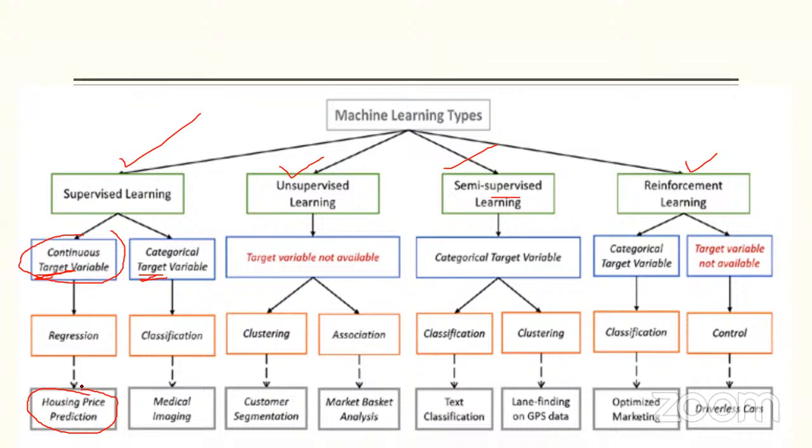You will predict on the basis of, let's say, the location, the nearest hospital, nearest school, etc. Those are called features. F-E-A-T-U-R-E-S, features. Features means the factors based on which you are making the prediction.